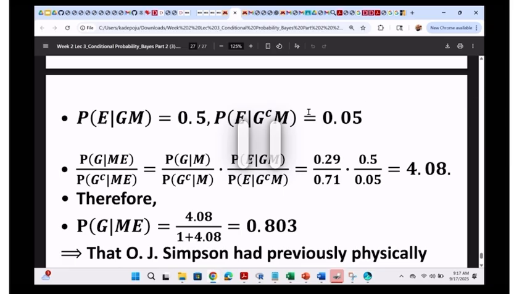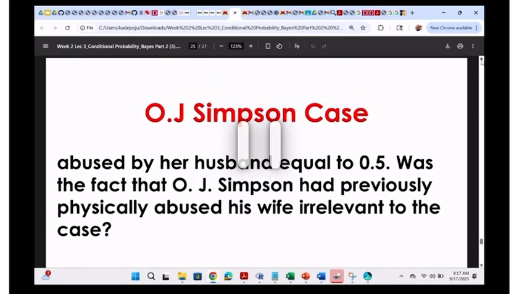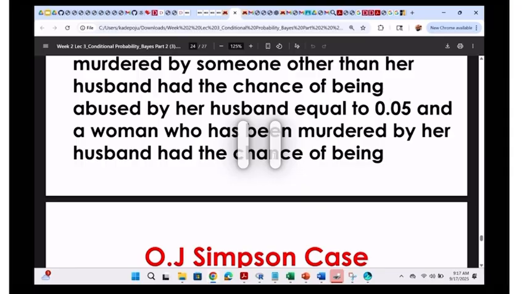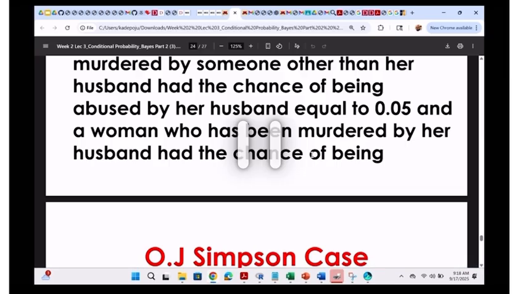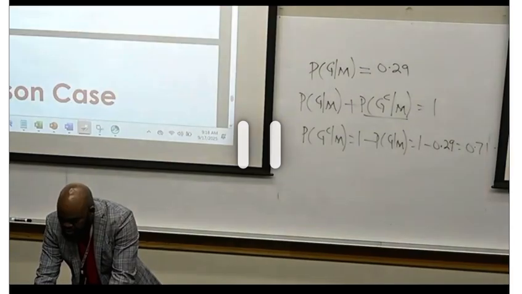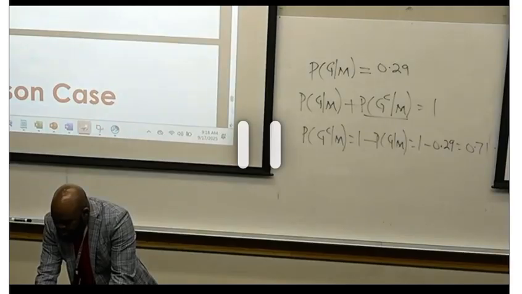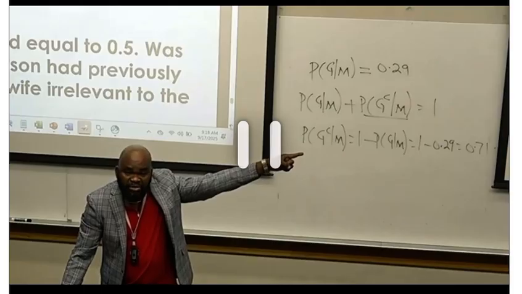If you go back here to the historical data, it said a woman who has been murdered by her husband, that means the husband is guilty, right? A woman who has been murdered by her husband had a chance of being abused by her husband equal to 0.5. That was how we got the 0.5.